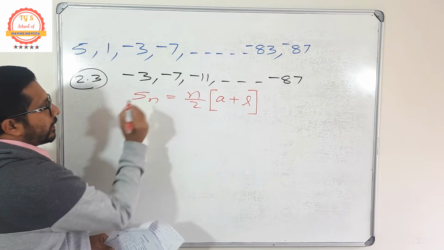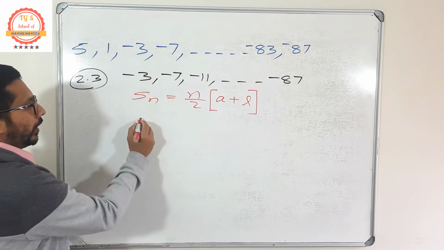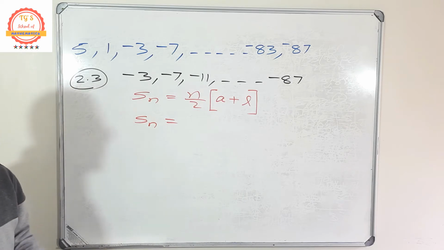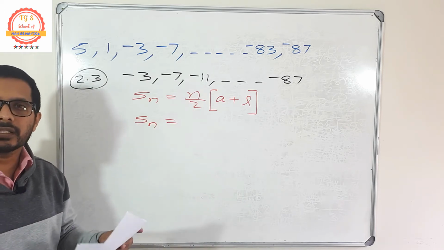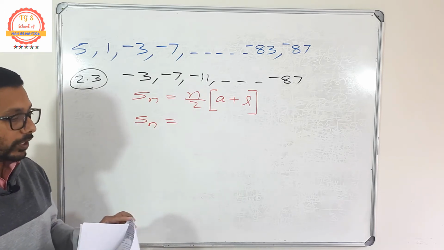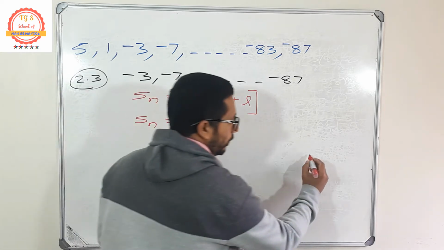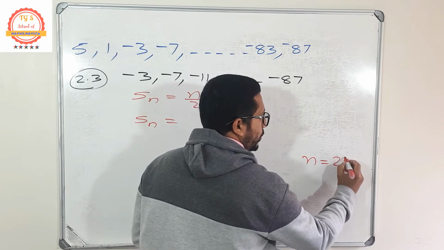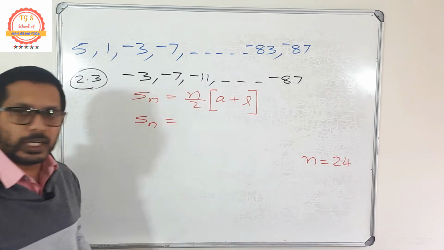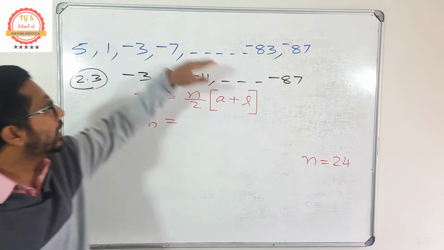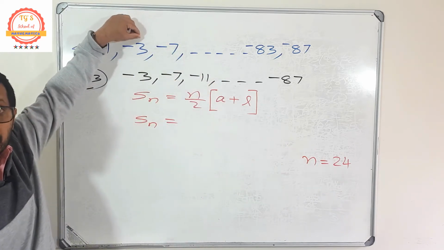So Sn is equal to, we have to find the sum. Sn is equal to n over 2. N stands for how many terms are there. So in the previous question, do you remember how many terms were there? We got the answer of n as 24. That n is equal to 24, there are 24 terms in the given sequence in the question.